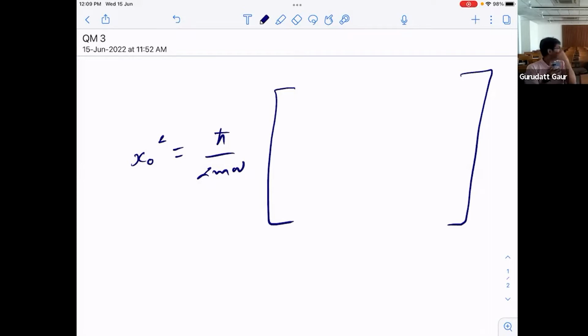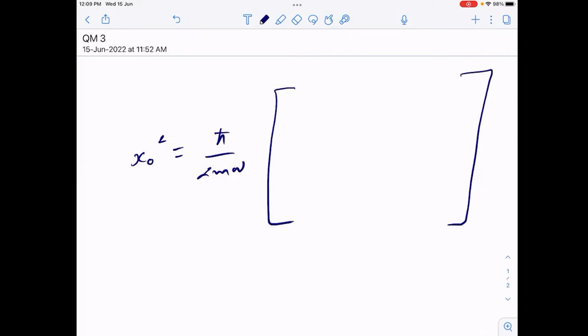That would be a diagonal of 1, 3, 5, 7, 9. Exactly. What about the other values? For the next term, for n is equal to 1, what do you get?